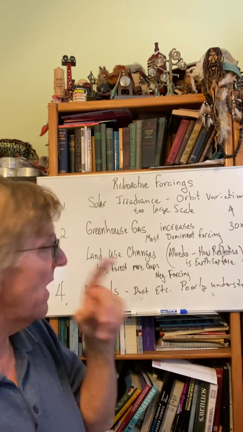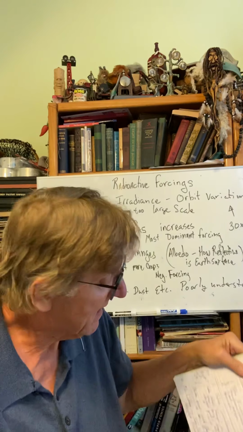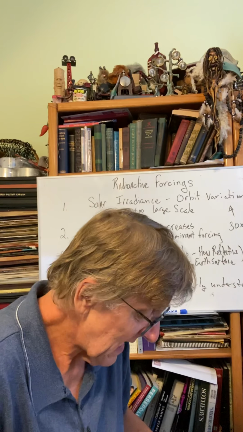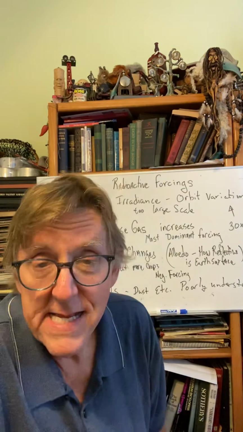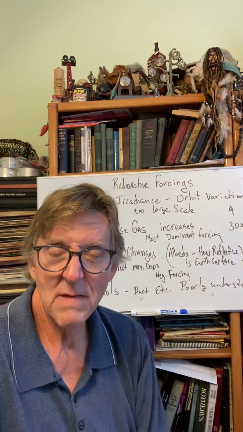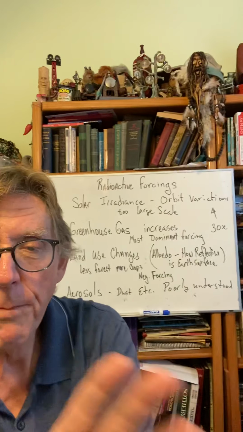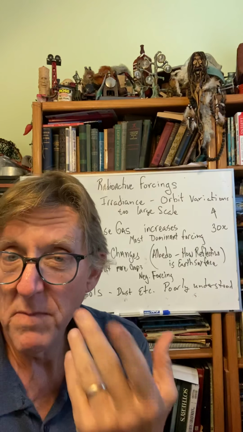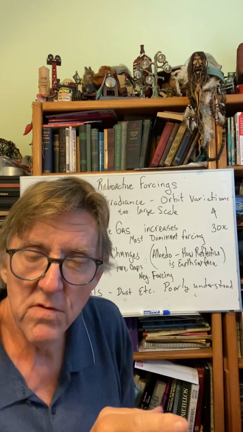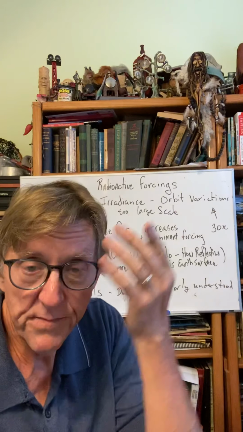I'm going to look at my notes to make sure I say this correctly. We have an idea called radiative forcings, and this is all part of computer modeling, trying to figure out what forces might be responsible for climate change.